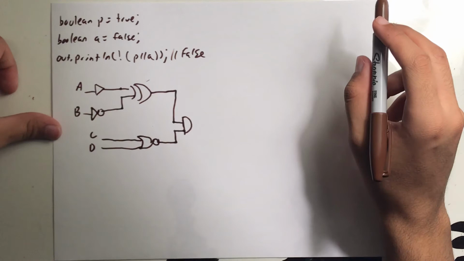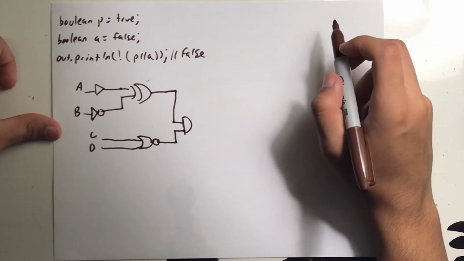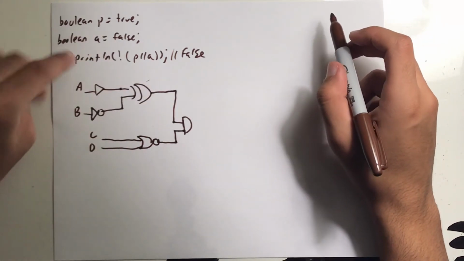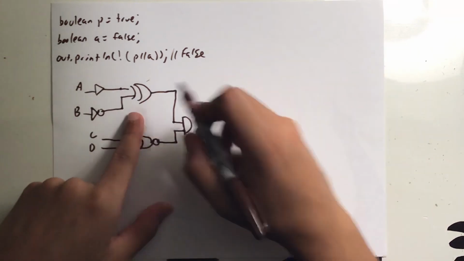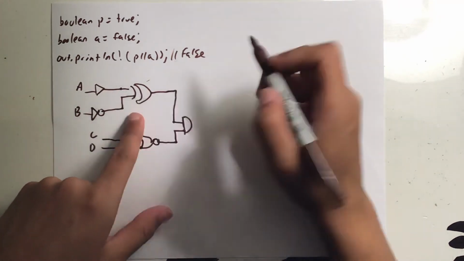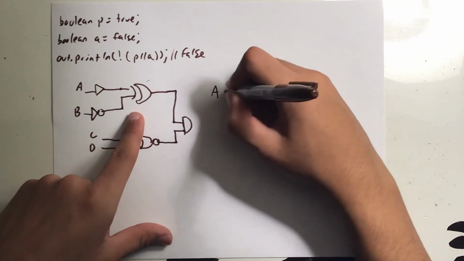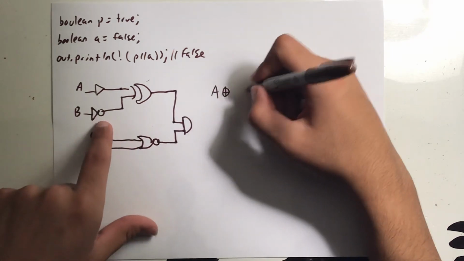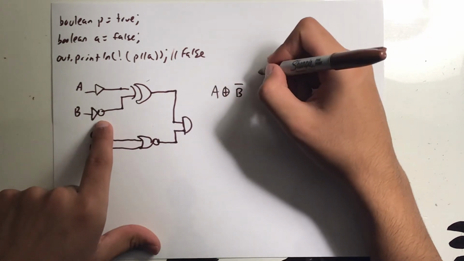This may look hard, but it's not. First is do this part. We get this is exclusive OR because it has two curves, right? So it's going to be A exclusive OR, and B is being knotted, so it's not B, right?